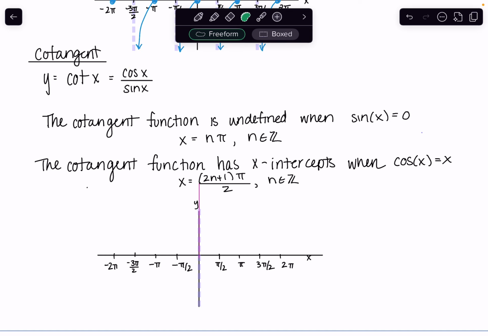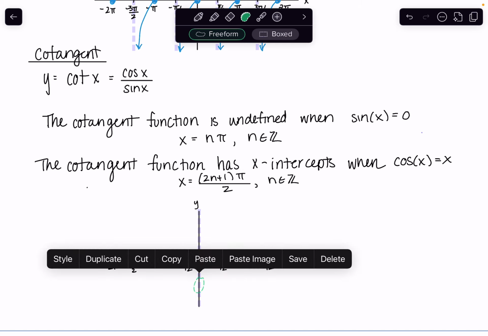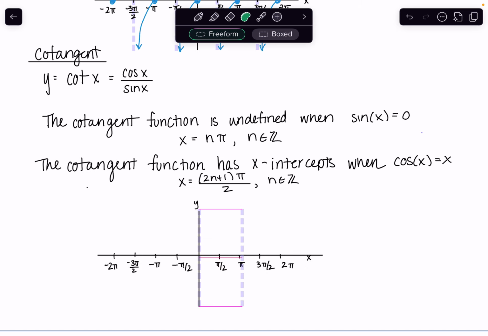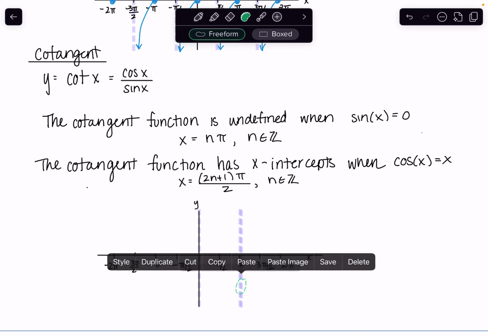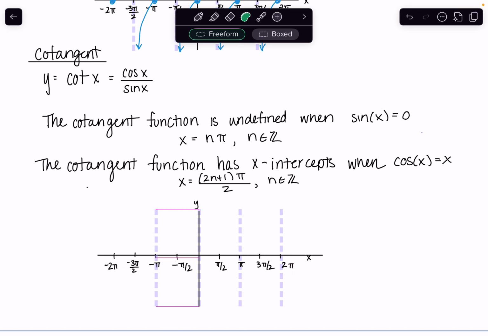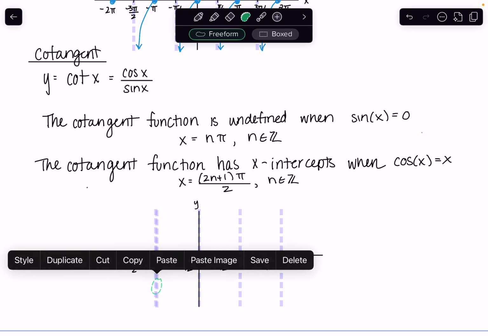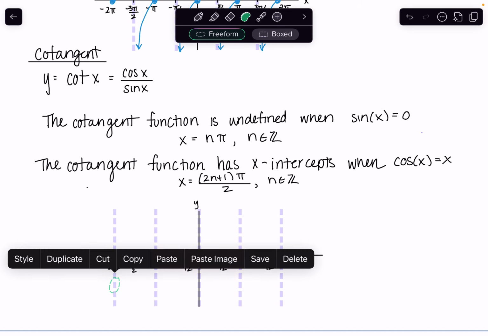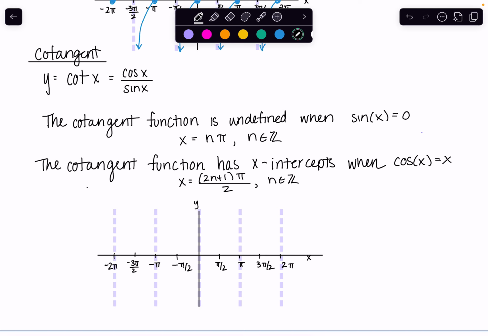Our asymptotes now occur at the multiples of pi, so that'd be 0, pi, 2 pi, negative pi, and negative 2 pi. Okay. Our intercepts are at the pi over 2 angles. And then be careful you don't fall into a trap. You don't end up actually with the same shape.